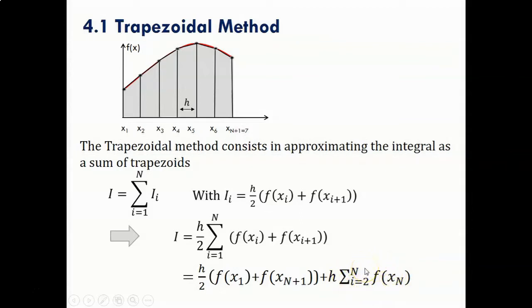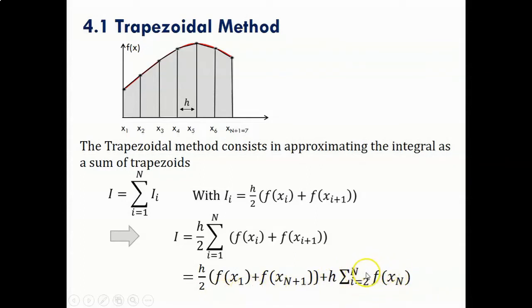So basically you get the same expression as the rectangle, but the only difference is that for the rectangle, for the left corner approximation, we had this sum plus f of x1.